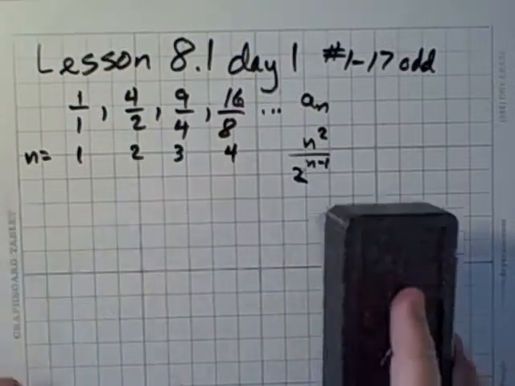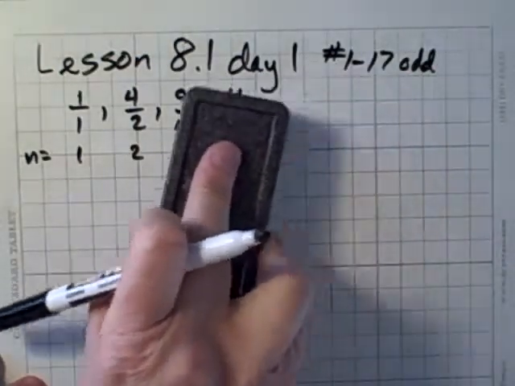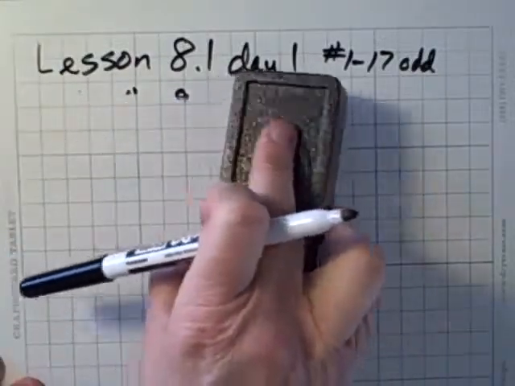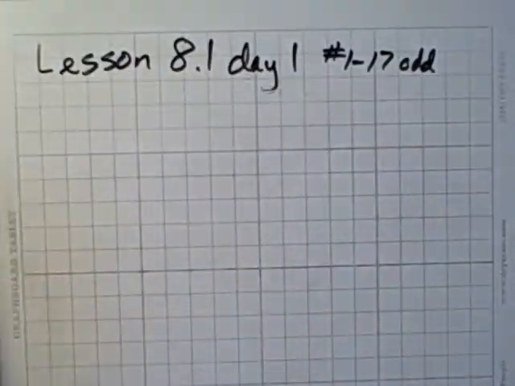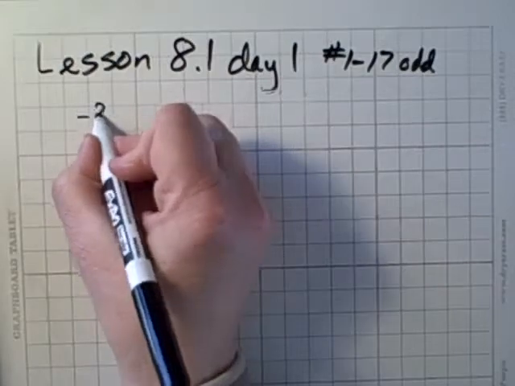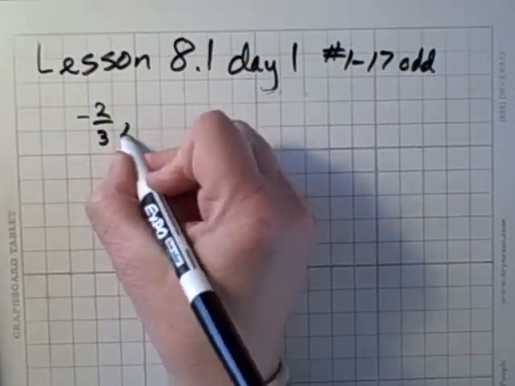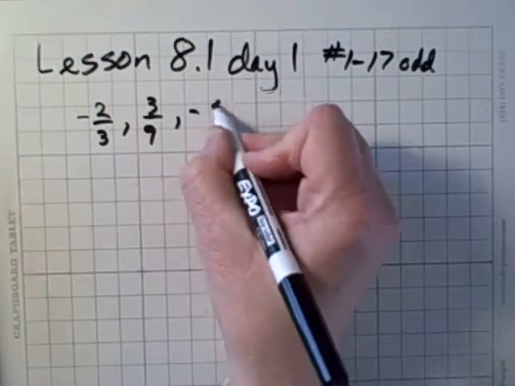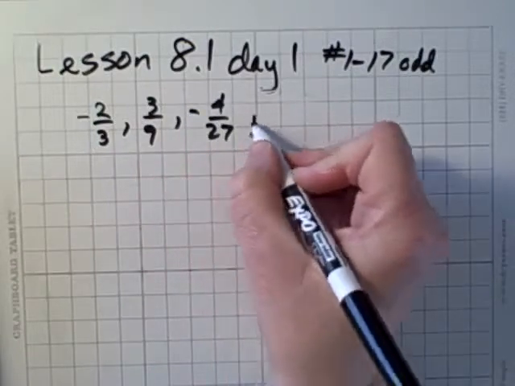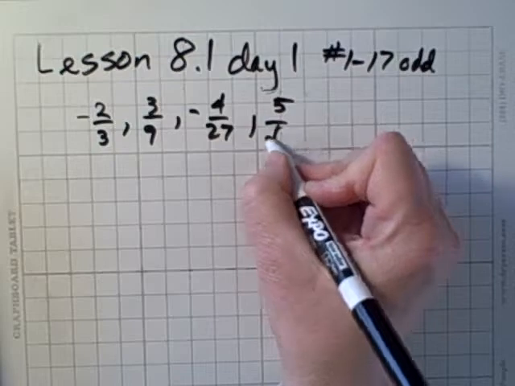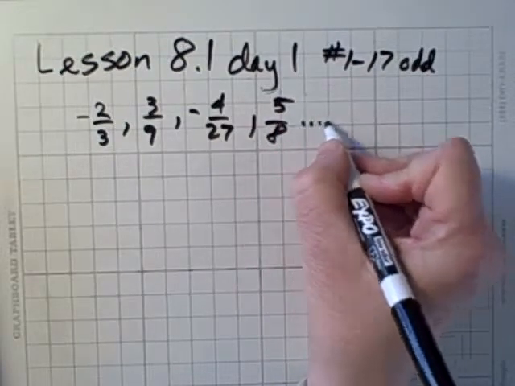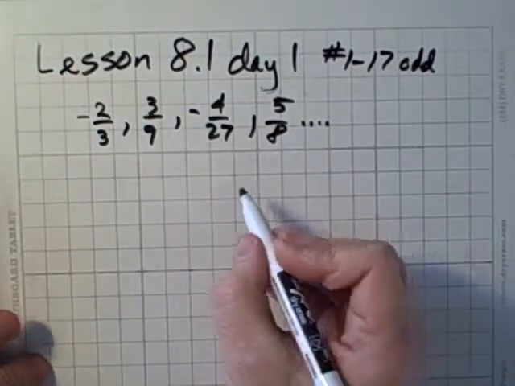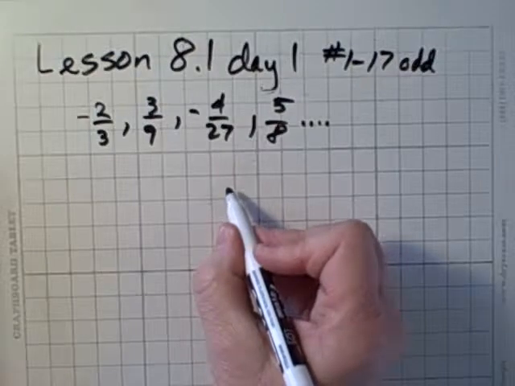Another example, in a similar fashion, we may have patterns that alternate in sign. So this one is negative 2/3, positive 3/9, negative 4/27, positive 5/81, and so on. Once again, we are trying to come up with a formula for that pattern.